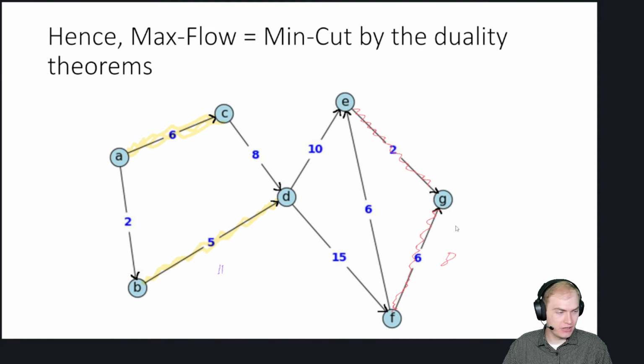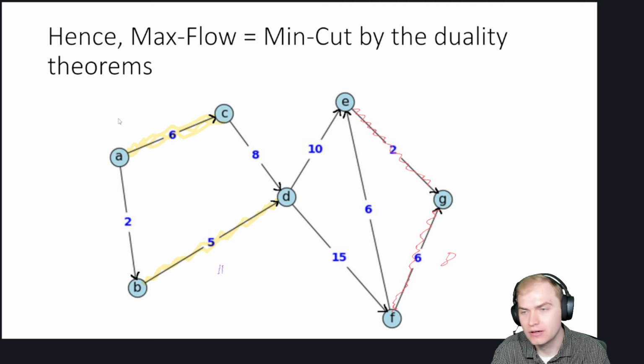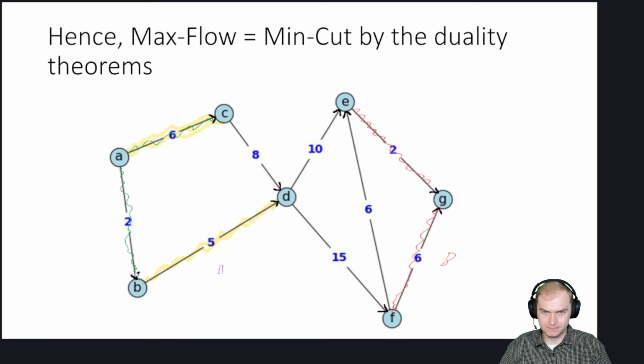Obviously, those are the only two edges flowing into G, which is our terminal. So the capacity of those two edges is going to bottleneck the capacity of the flow in general. And in fact, that is one of the two minimal cuts. You could also pick these two edges. That is also a minimal cut. So our flow is going to be capped at 8.